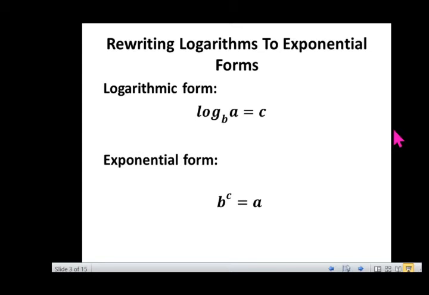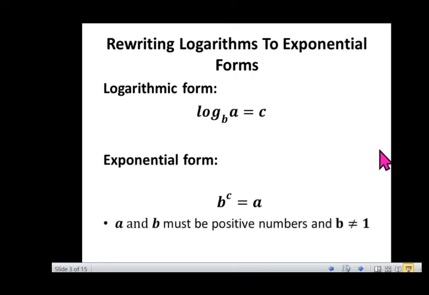One thing that you also have to remember before you rewrite a logarithm to exponential form is the restriction that your variable a and variable b must be positive numbers, and your variable b must not be equal to 1. What is the use of this restriction?